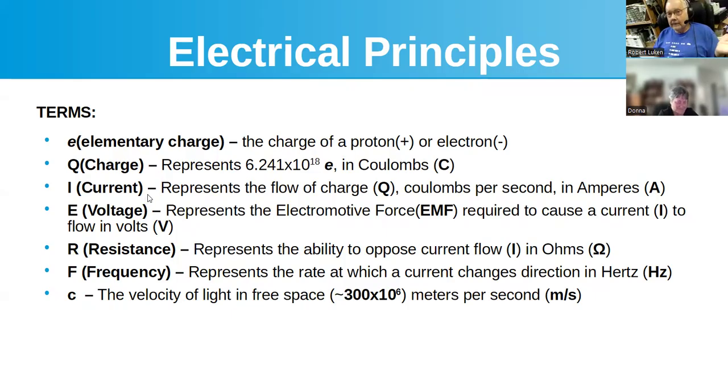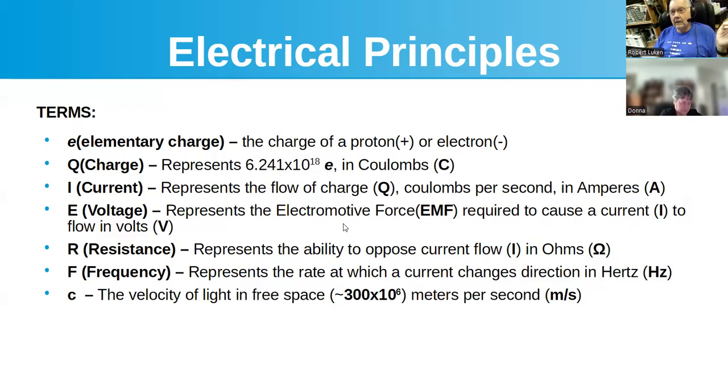When we talk current, what we're doing is representing the flow of a charge, and we do that in coulombs per second, which we call amperes. So if you had a 1 ampere current flow, you've got this 6.24 times 10 to the 18th charges moving every second.